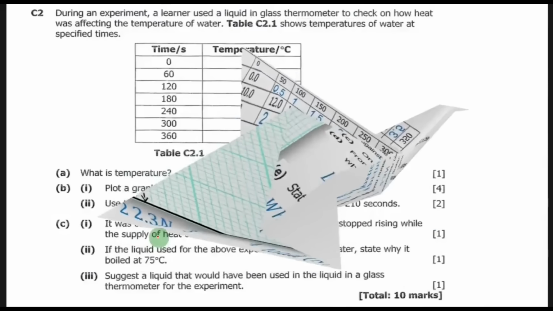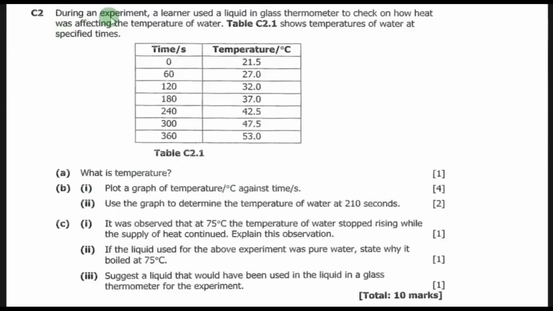Let's go to another question, C2, which says, during an experiment, a learner used a liquid in a glass thermometer to check how heat was affecting the temperature of water.